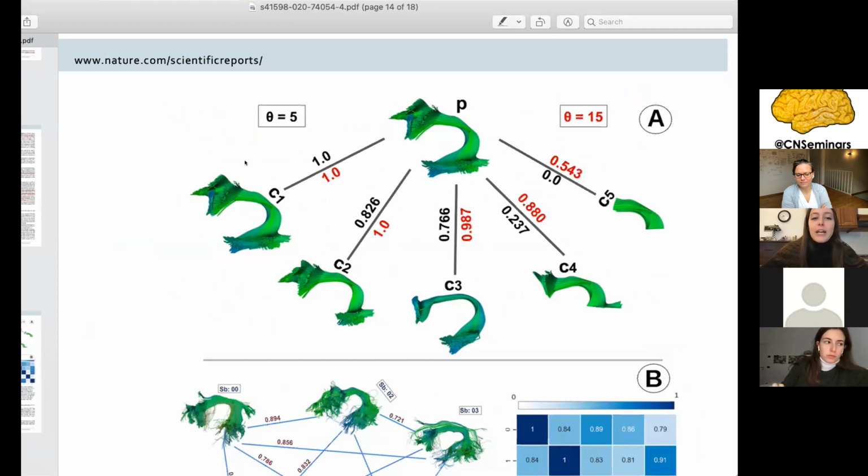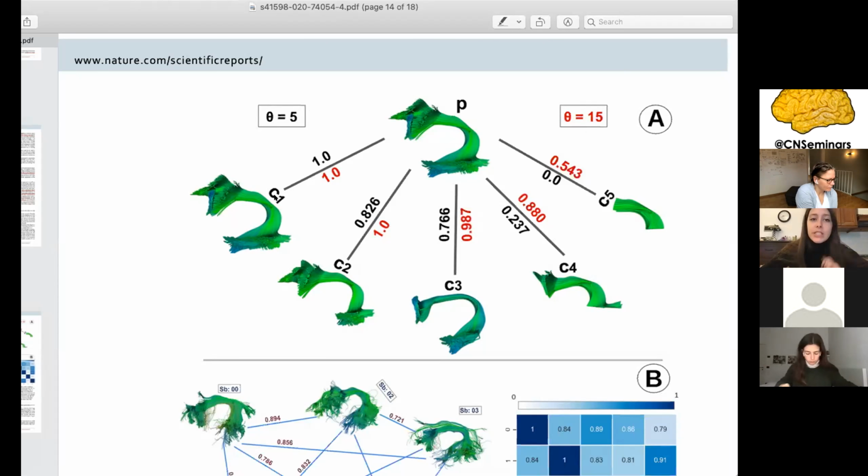with the bundle itself. Here, in C1, it's the copy of the bundle that we are considering. Then we have different subcomponents of the bundle. We use different thresholds, theta equal to 5, which is a more strict threshold, and then a more broad threshold, which is 15.